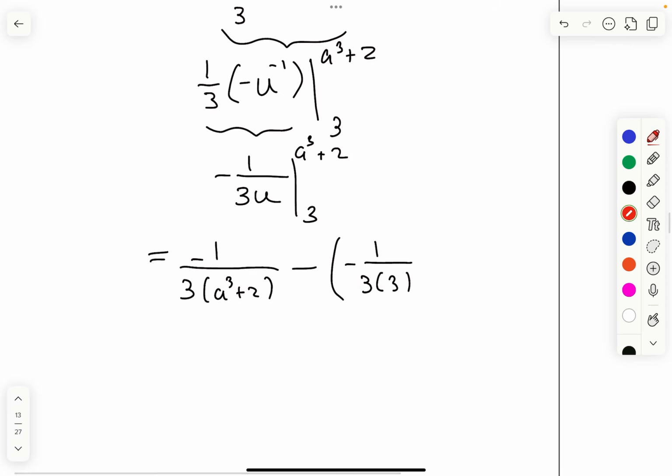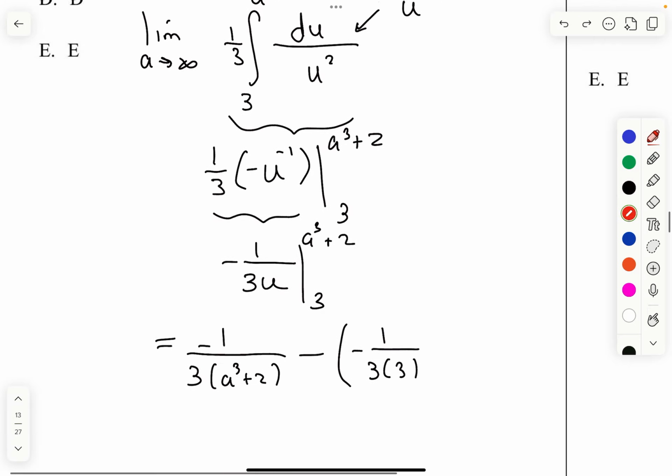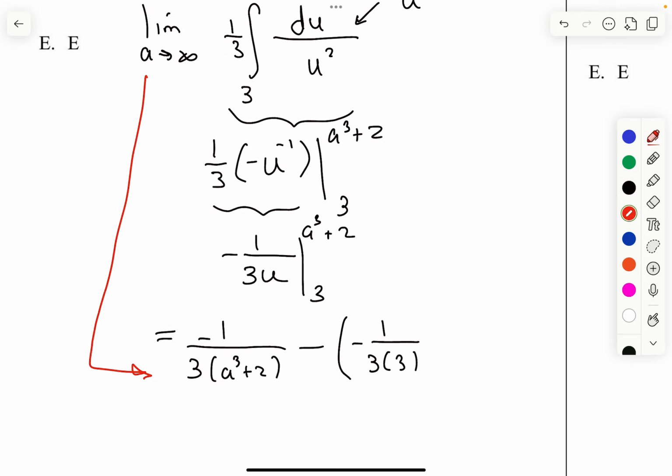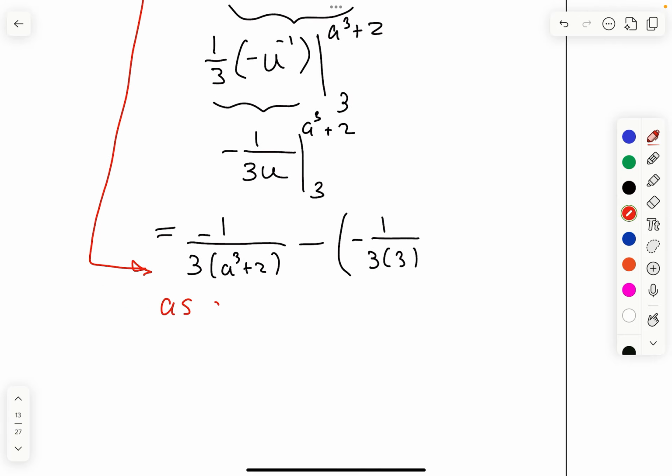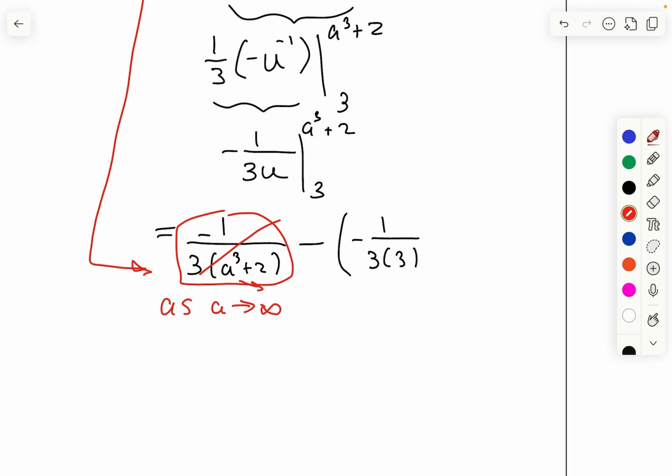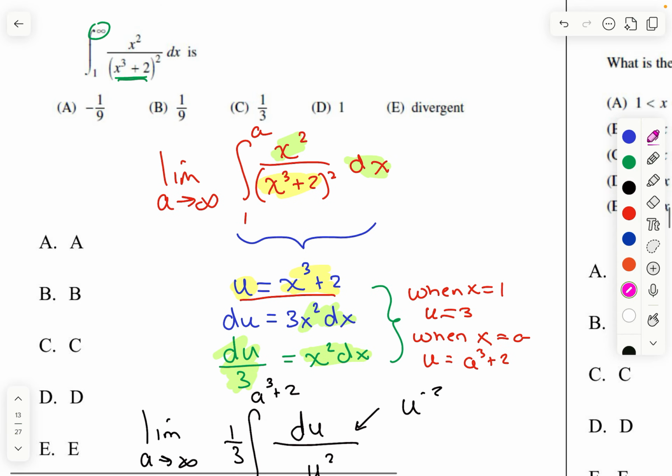And then don't forget that we're taking a going off to infinity now. So as a goes to infinity, this expression here is going to vanish, because you've got the denominator getting arbitrarily large. So I'm left with 1/9, which is B.